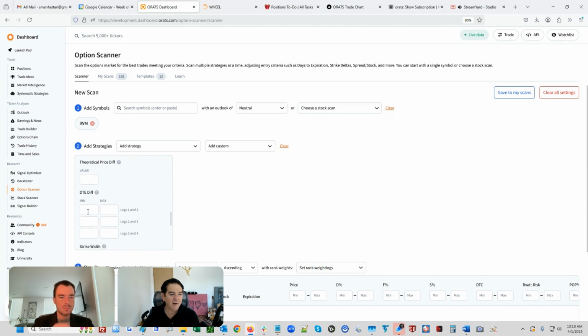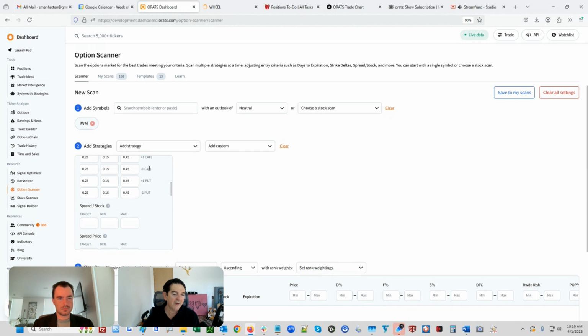So we're going to have a minimum of, let's say, 2 days, and then on this difference, leg 2 versus leg 3, we have to set that because right now it says 0, 0 and we won't get any. Leg 1 might be a 2 day and leg 4 might be a 4 day.